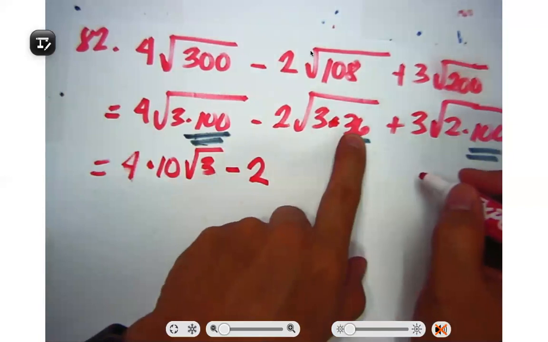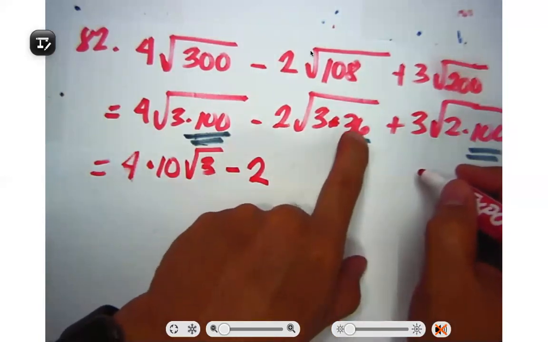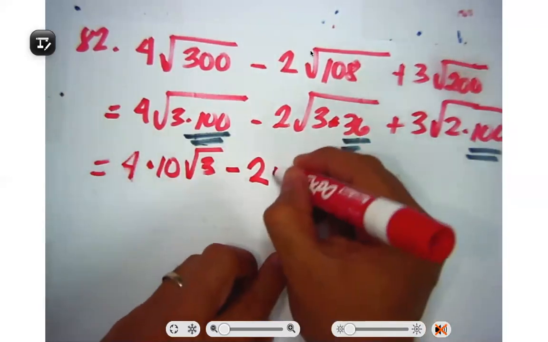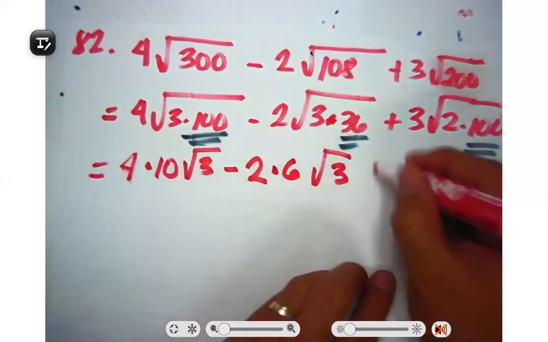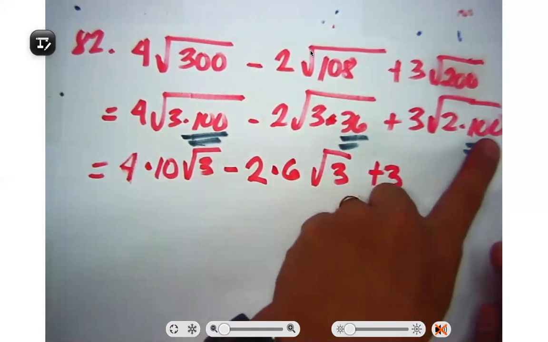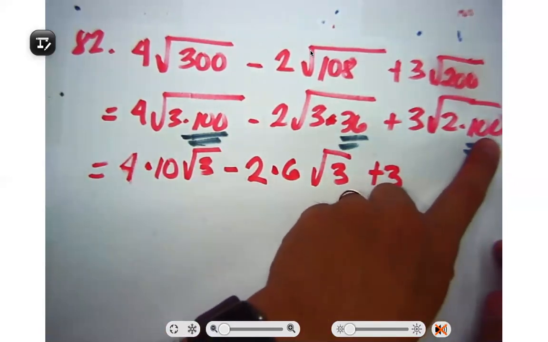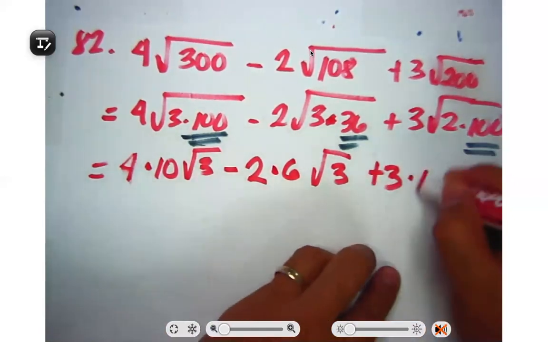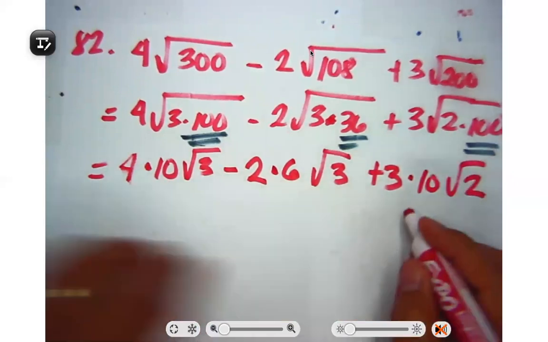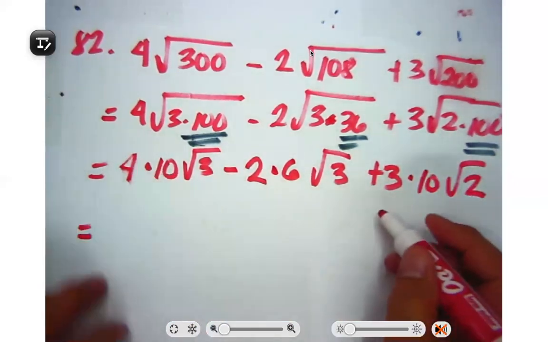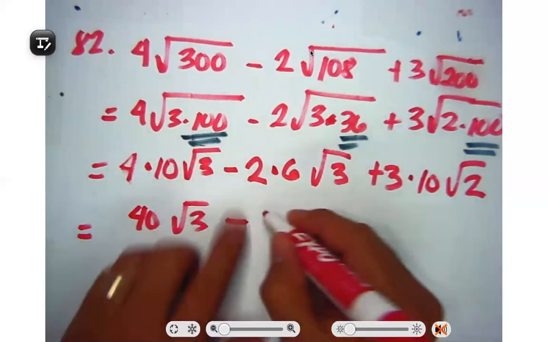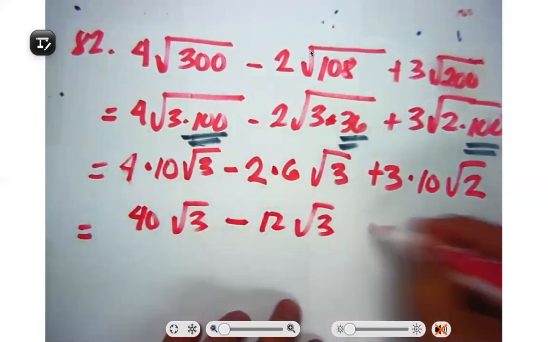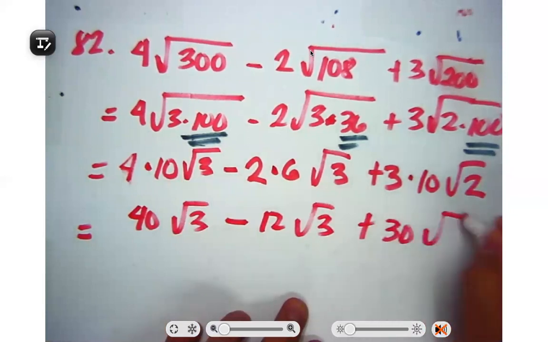Square root of 36 goes out, so times 6, square root of 3. How about this? Square root of 100 goes out, so it's now times 10, square root of 2. Now we have 4 times 10: 40 square root of 3 minus 12 square root of 3 plus 30 square root of 2.